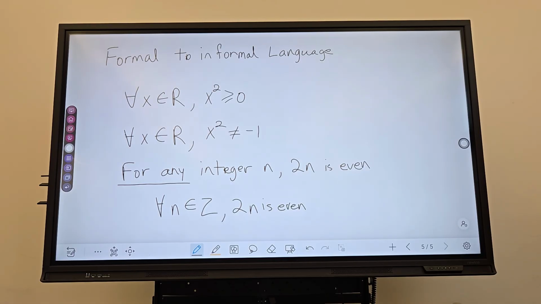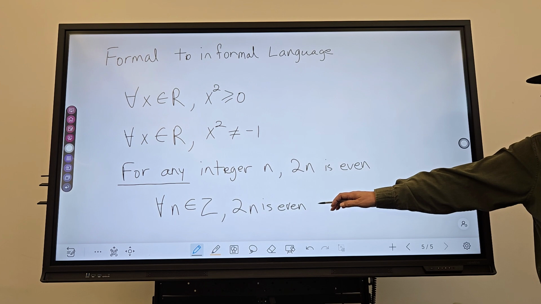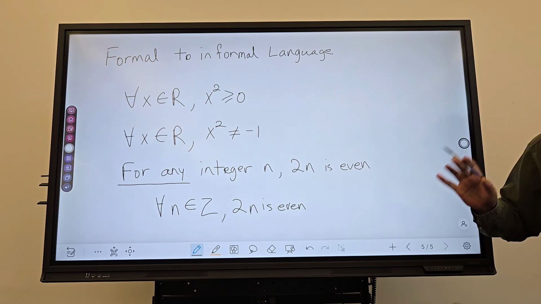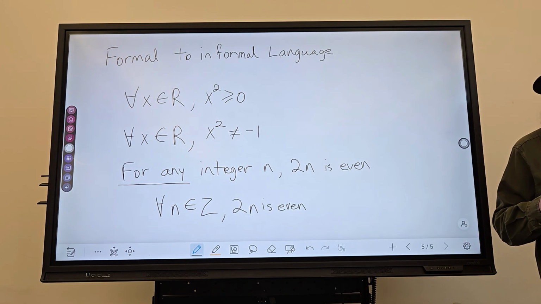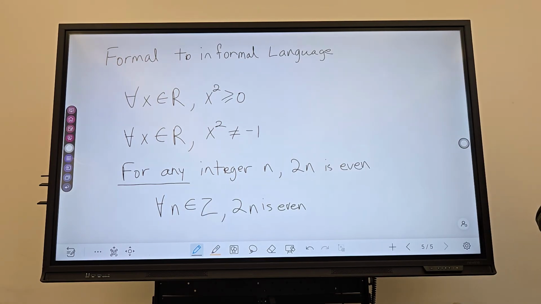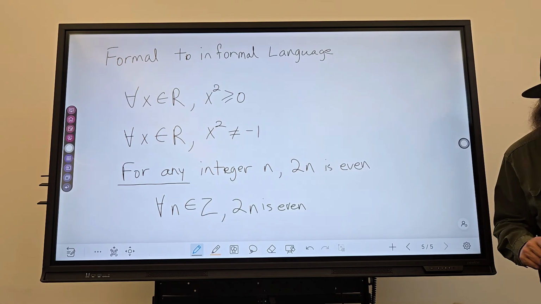Twice any number is even. Lots of ways to say it informally. Mathematically, you use symbols and variables to make it clear and formal, so you can manipulate it and draw conclusions and that sort of thing.